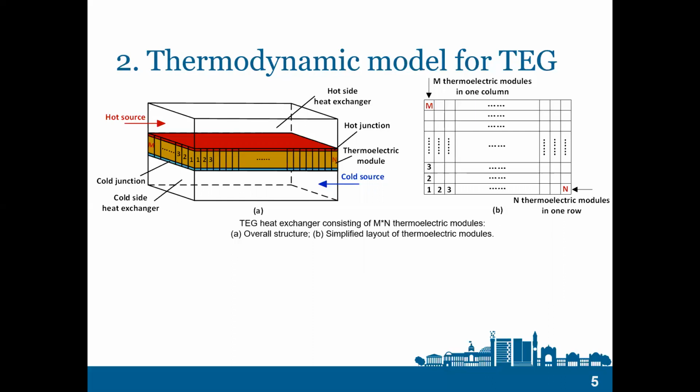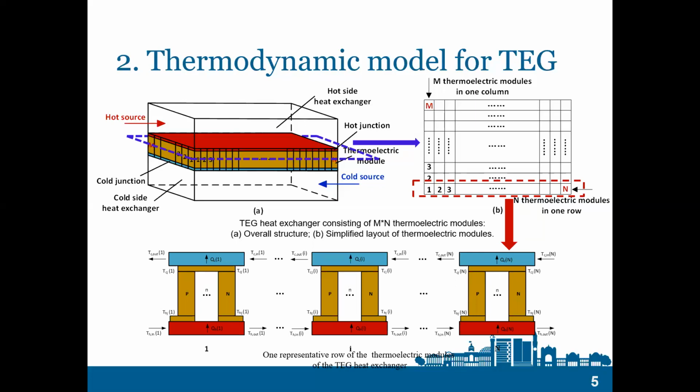The temperature distribution of every single thermoelectric module in one column is almost the same, so we only pick one row of thermoelectric modules to build the thermodynamic model. And we choose liquid nitrogen and hot oil as the cold source and hot source respectively for the research.